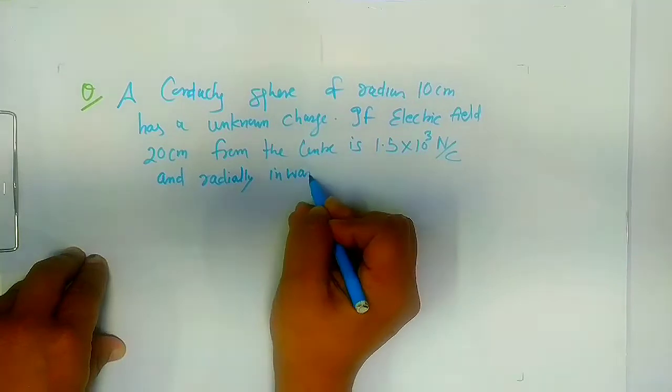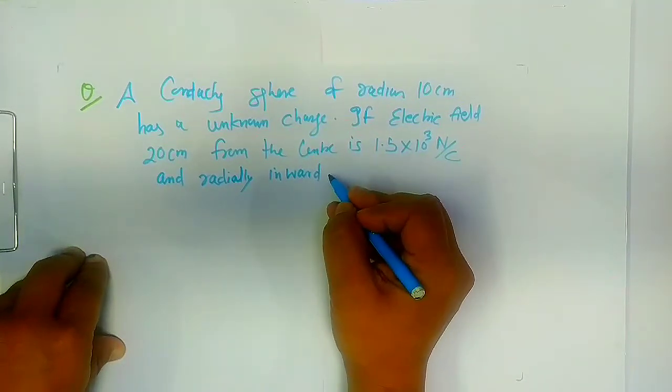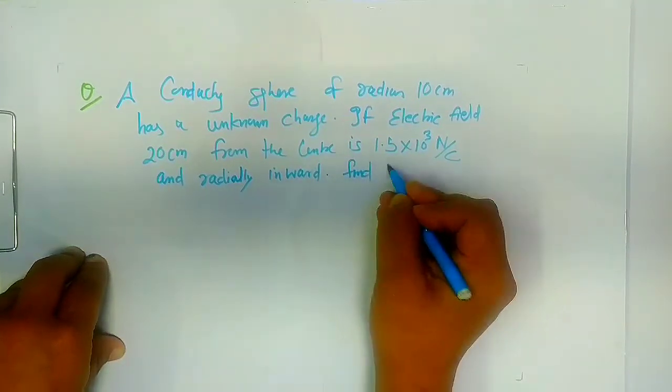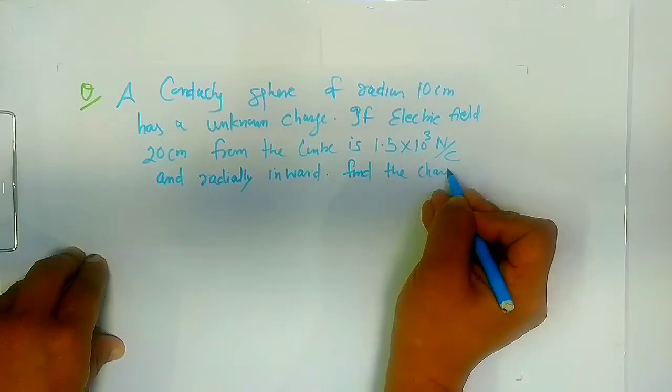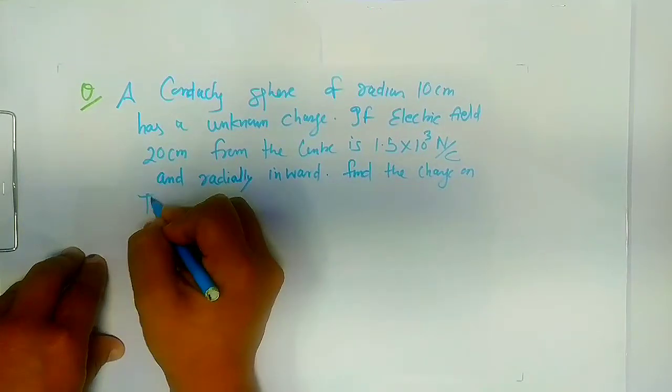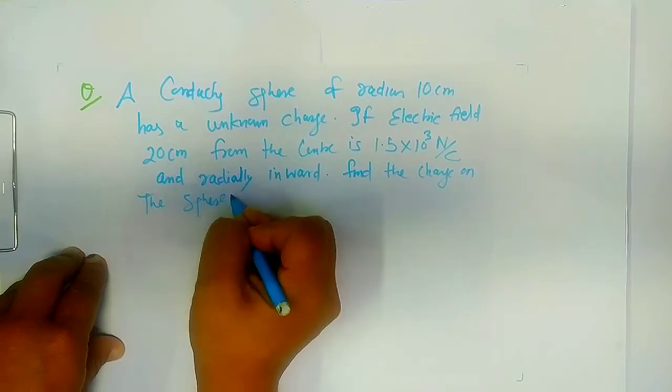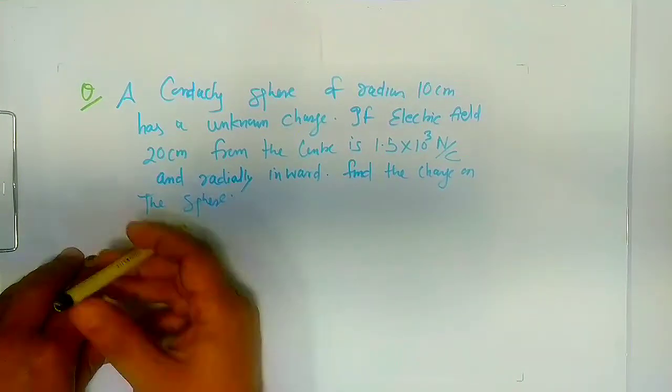So you know what radially inward means. Then the question is to find the charge on the sphere. You have to calculate the charge on the sphere. How are we going to calculate it? So radially inward it is.